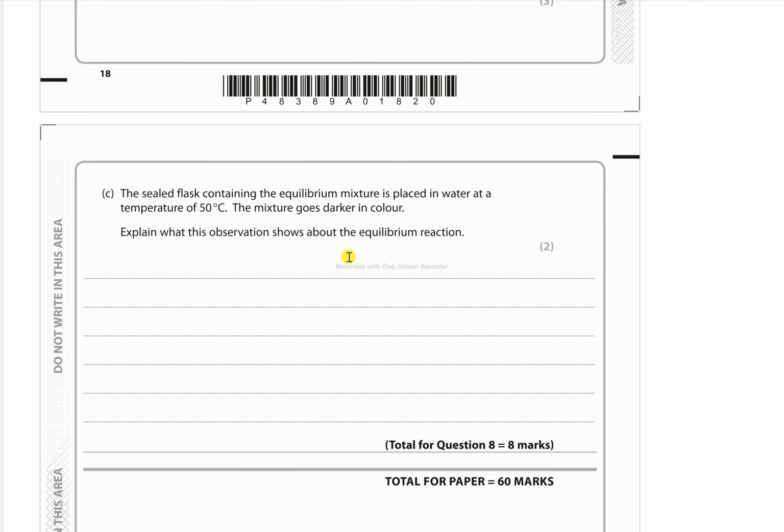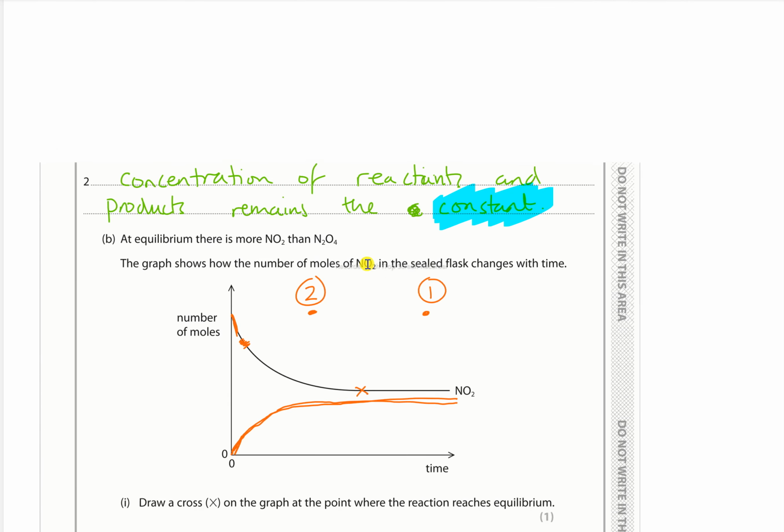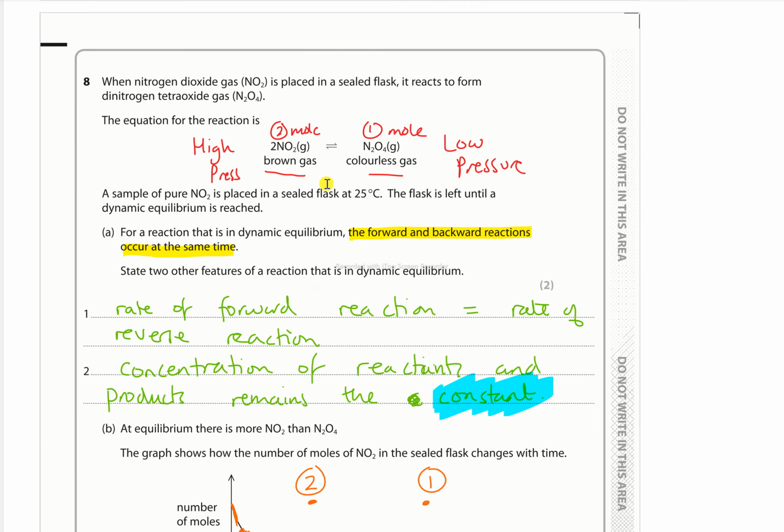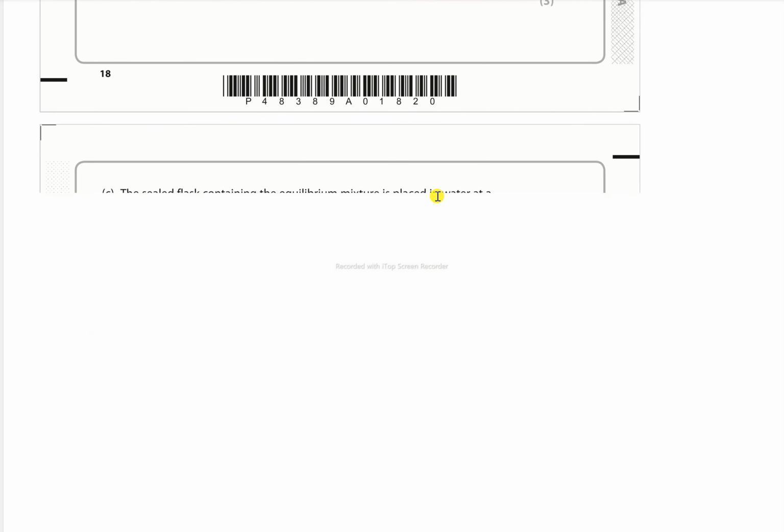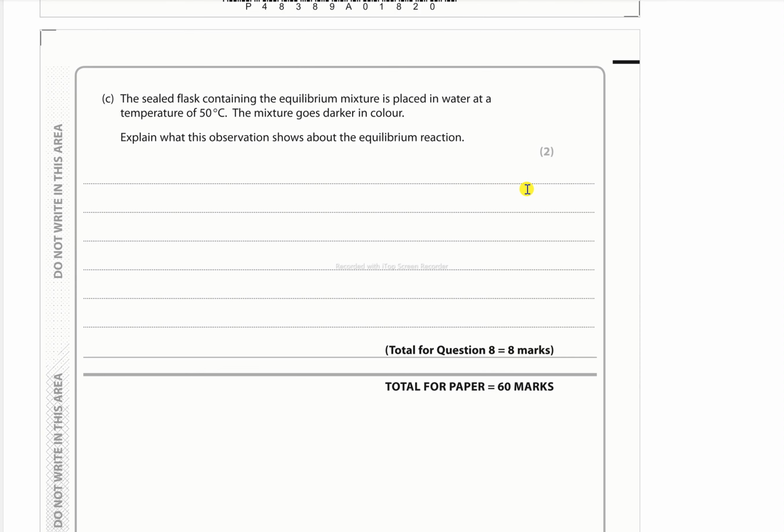Right, that's it. The sealed flask contains the equilibrium mixture at 50 degrees. The mixture color goes darker. So the darker, that means it's shifted left.